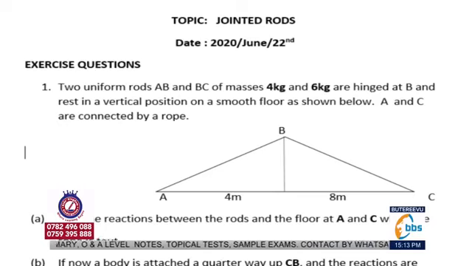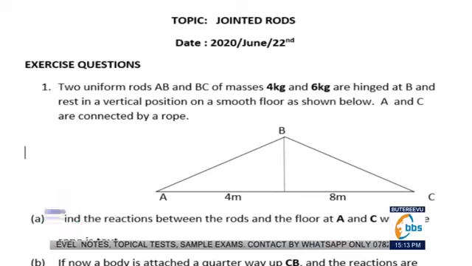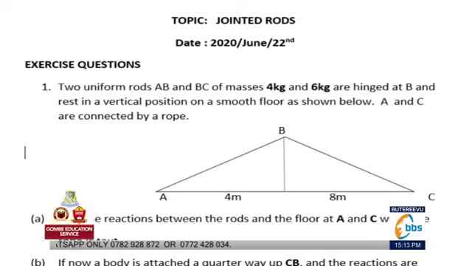We could raise the question a little bit so that part B is clearly visible to the learners. And that is going to be our first example. Capture the question and let us get moving.